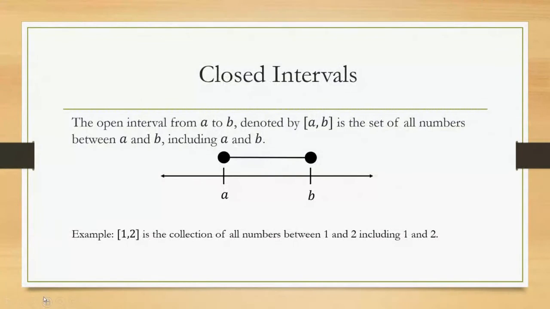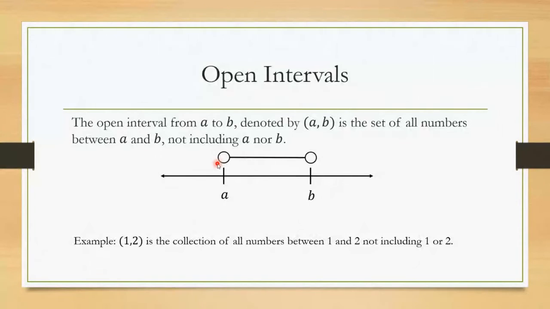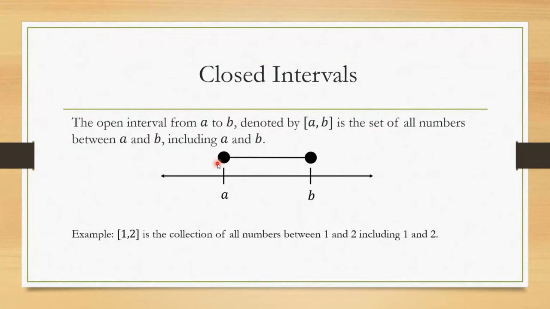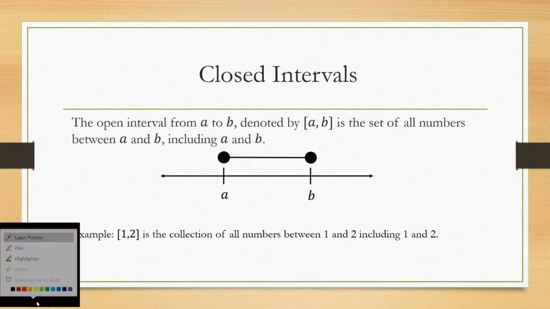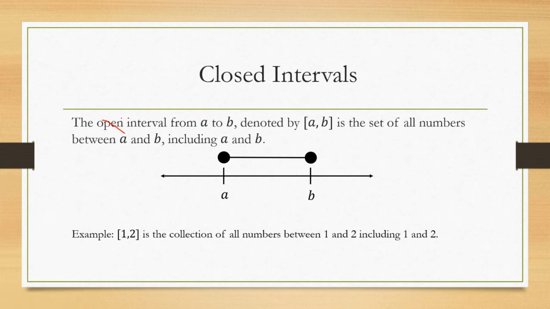Now we can consider closed intervals. We had open intervals, that's what we just looked at. Now we have closed intervals. Here, not only are you considering all numbers between A and B, but you also include the endpoints.